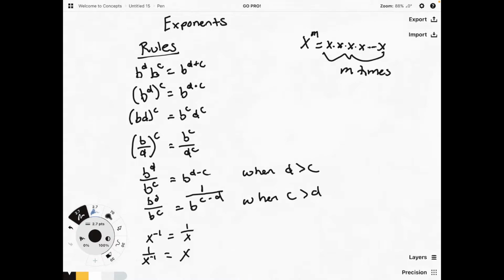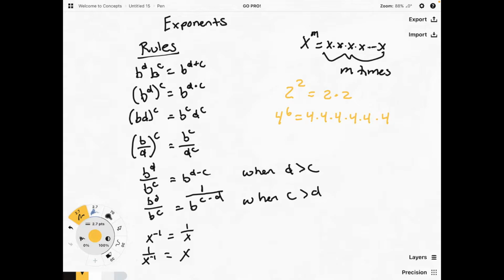So if we wanted to look at a numeric value, then if we have 2 to the second power, that's saying 2 multiplied by 2. If we have 4 to the sixth power, that's saying 4 times 4 times 4 times 4 times 4 times 4. So 4, 6 times.